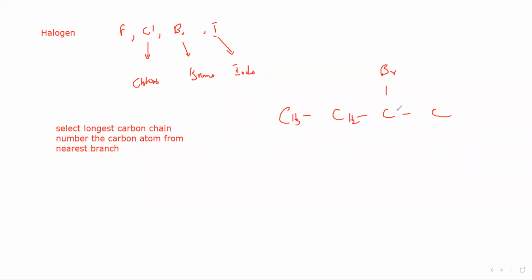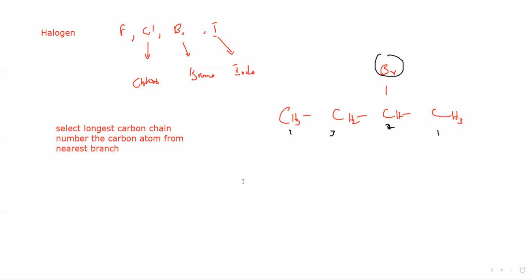CH3, CH2, CH, and CH3. So I will number, because this is a carbon chain, 1, 2, 3, 4. Which numbering should I follow, left to right or right to left? So I will follow the numbering from right to left. It's better to erase the other numbers so that you will not be confused. Now, second position we have bromine.